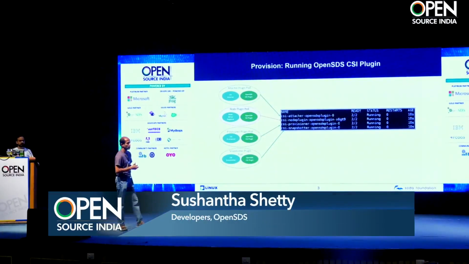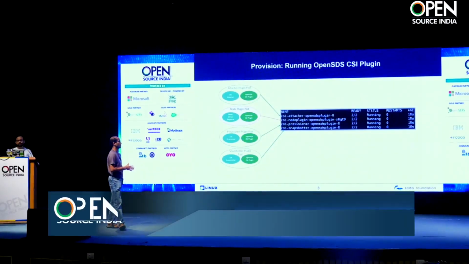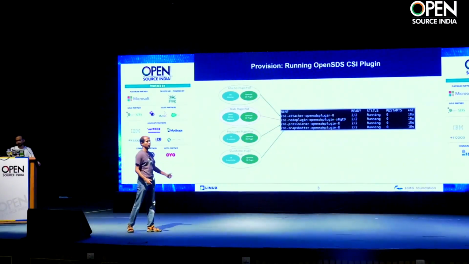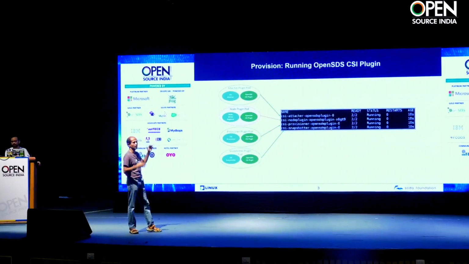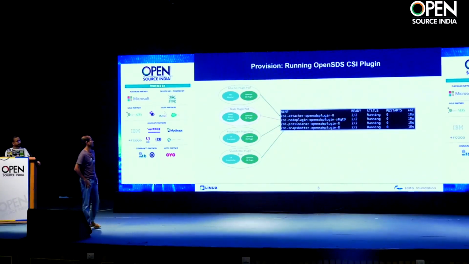Anybody who wants to claim themselves as a CSI driver, it's very simple, just follow the language which CSI mentions. The two ends of the communication are a container orchestration system like Kubernetes and a driver. So if you visualize OpenSDS as a CSI driver, then this is what it is going to look like.